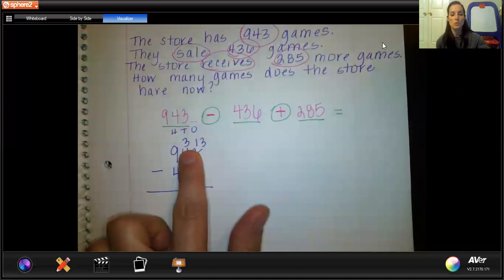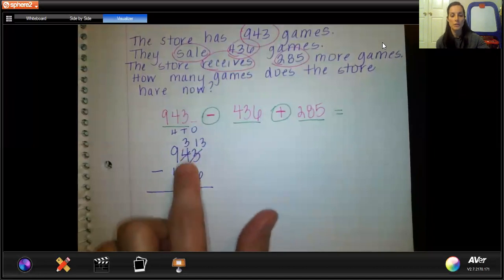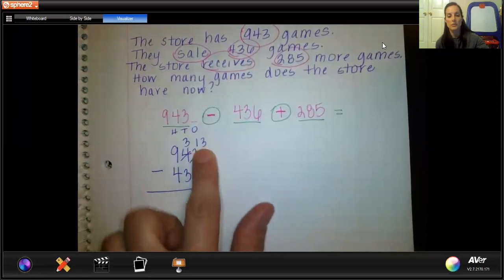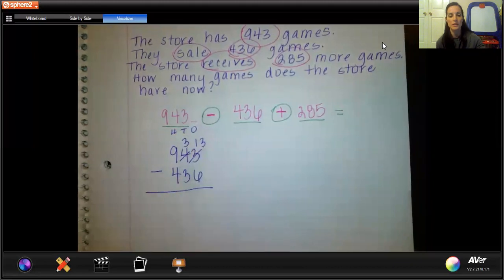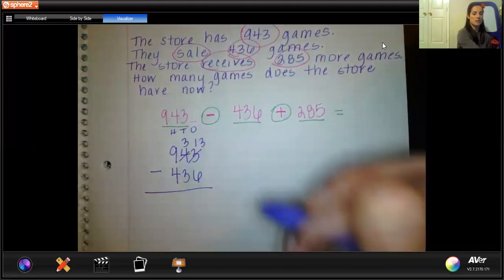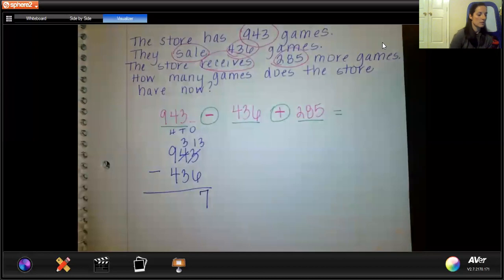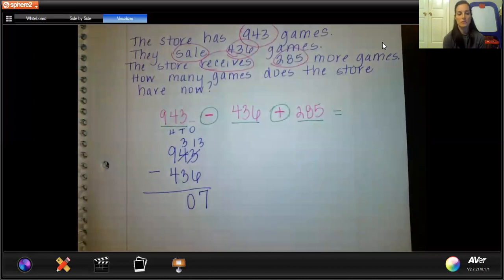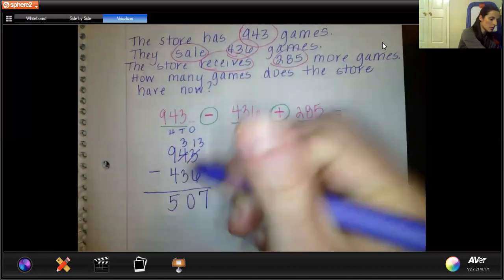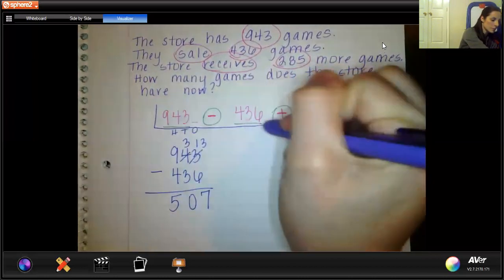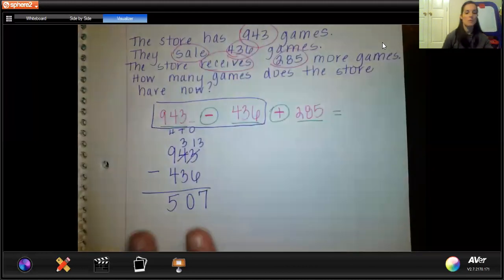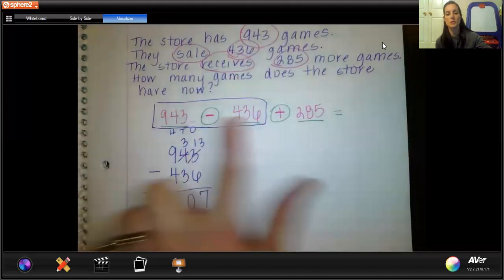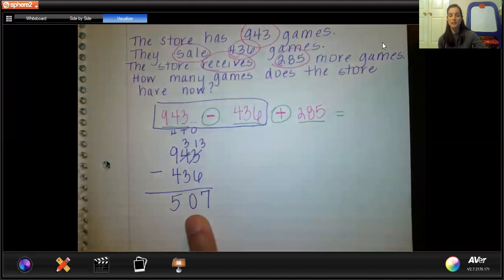I have to go next door, and instead of 4 tens, 3 tens, I move that over to the ones, and now I have 13. 13 minus 6 is 7. 3 minus 3 is 0. And 9 minus 4 is 5. Remember, we're only looking at these first two numbers. So we got that answer, which is 507. We are not finished.